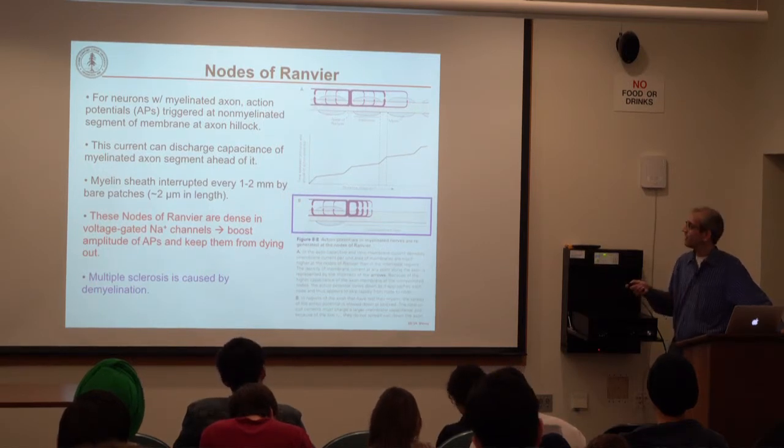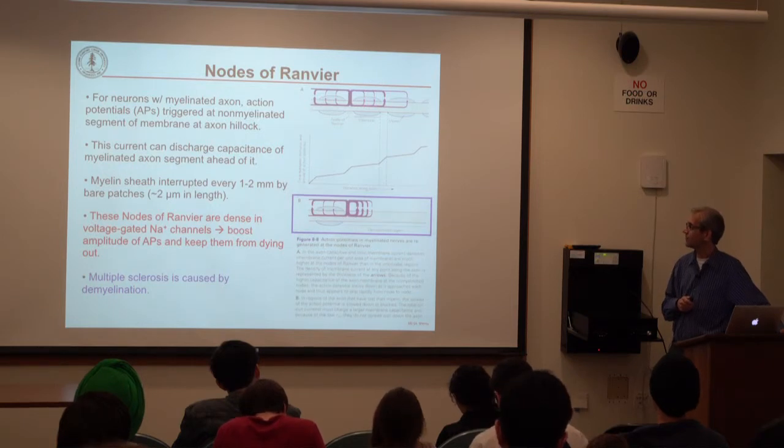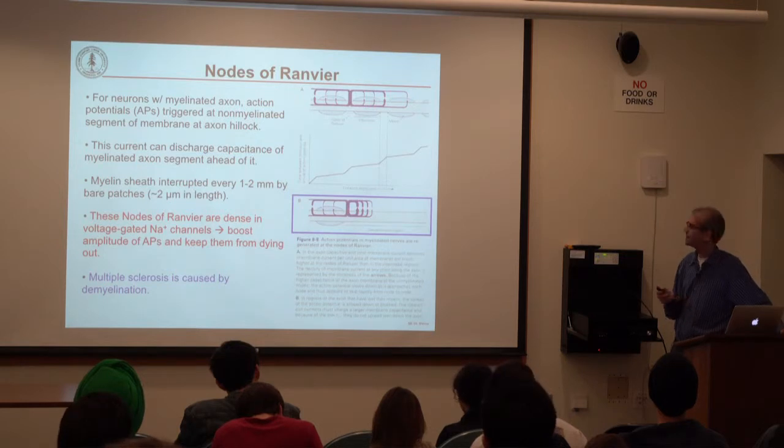Okay? So for neurons with myelin, or myelinated axons, in other words, action potentials are triggered at non-myelinated segments of the membrane at the axon hillock. So what am I talking about?